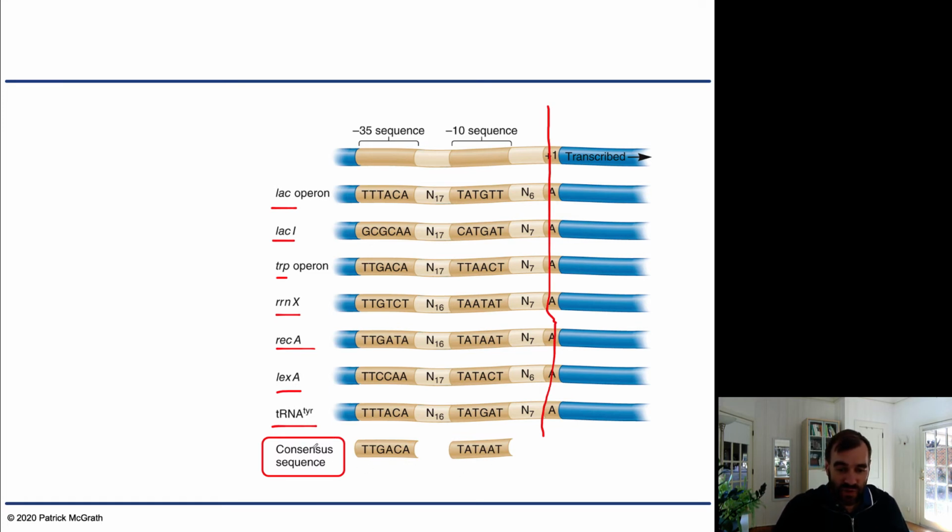The next one is the consensus sequence for the -35 region. Typically there are 16 or 17 base pairs in between. These are just real-life examples of what that sequence looks like. In general, there are often 1 or 2 base pairs that don't match the consensus sequence exactly.